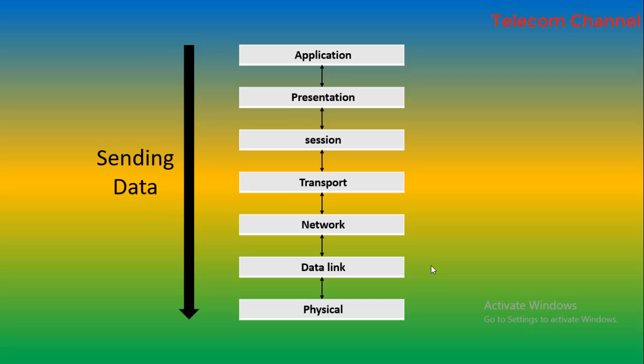It is therefore necessary to indicate in the frame which layer 3 protocol was used when the message was sent and when it crossed the layers of the OSI model from top to bottom.